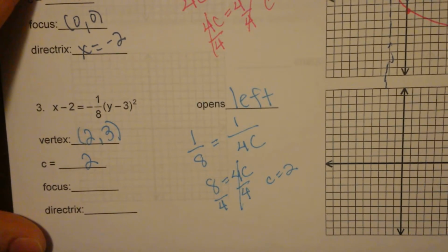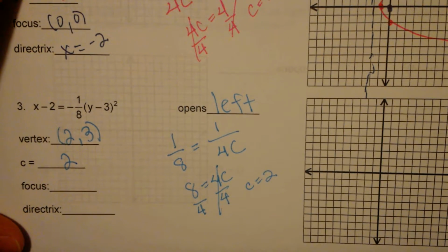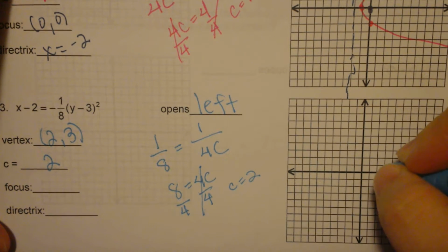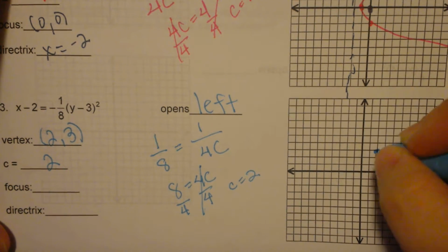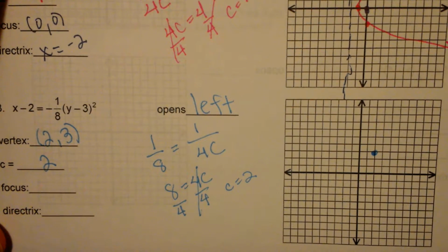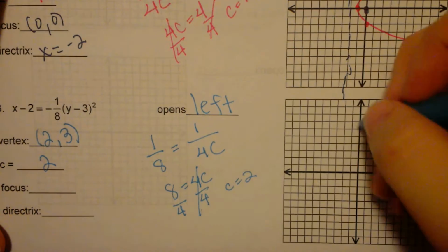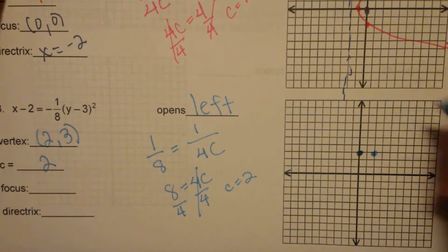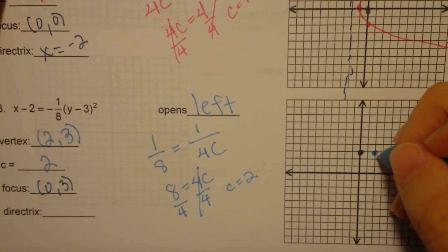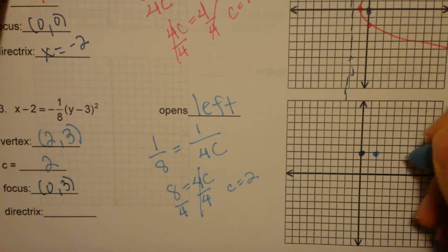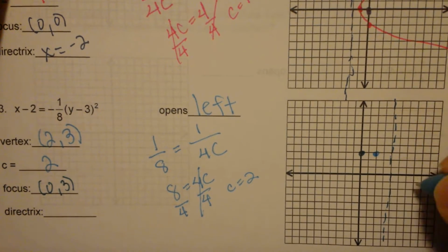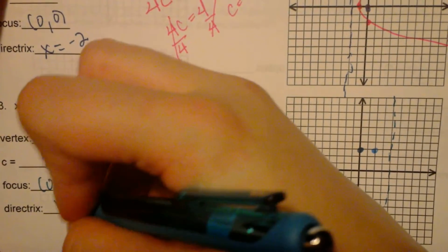Opening to the left, from my vertex I'm going left 2, so left 2 would be at 0, 3. And my directrix would be to the right 2, which would be x equals 4.